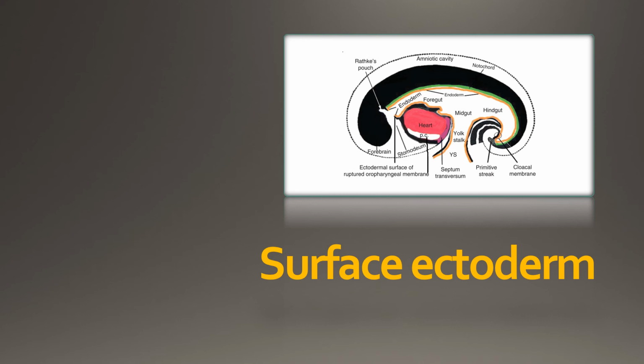So the buccopharyngeal membrane lies between the stomatodeum and the pericardial sac. Once the fold occurs, this buccopharyngeal membrane is going to rupture and connect to the stomodeal part. This stomodeum in future will form the oral cavity, and the rupture of the buccopharyngeal membrane will directly connect to the foregut, midgut and hindgut part. So this is what we see in the surface ectoderm.